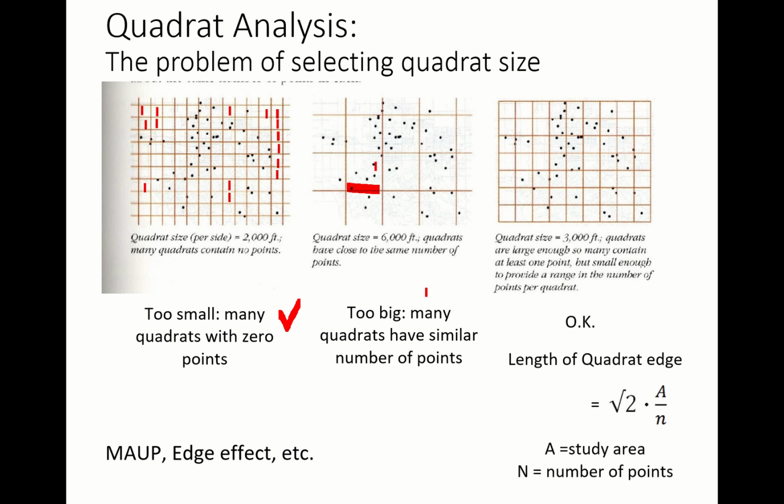So kind of the middle and the optimal size, right, is capturing the spatial distribution of the variable of interest that you're after. So one commonly used way to calculate what size you should go with your quadrant is the square root of 2 multiplied by the area, your study area, divided by the total number of points that you've observed within the study area.